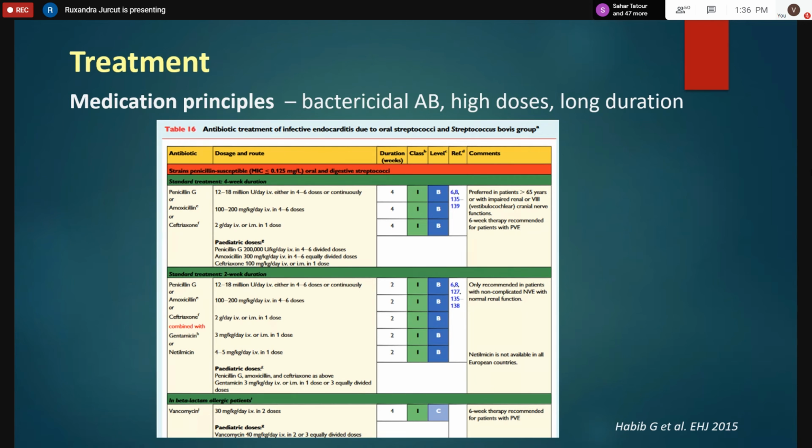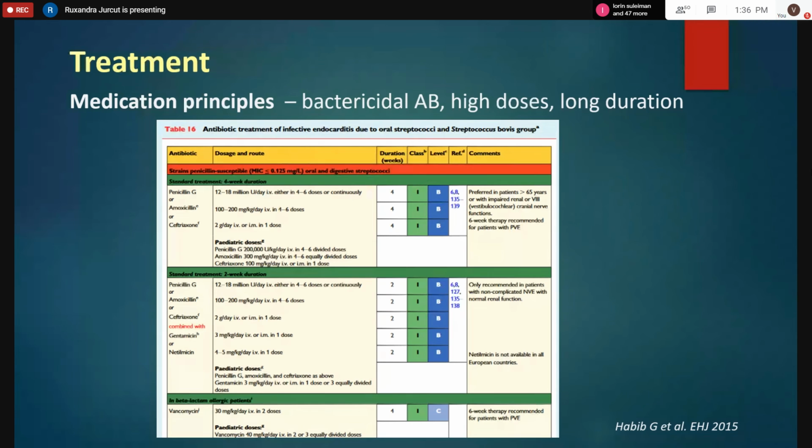So what you have to remember as a general rule is that the antibiotics have to be given in high doses with a long duration, and we only use bactericidal antibiotics. Maybe from pharmacology you know that there are also bacteriostatic antibiotics, which can be enough in other diseases but not in endocarditis.